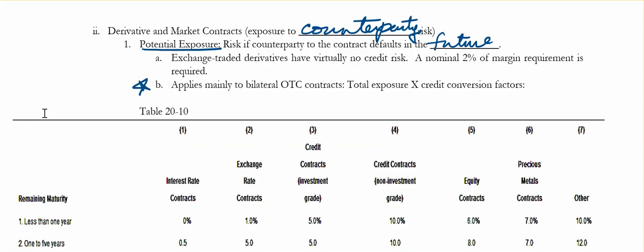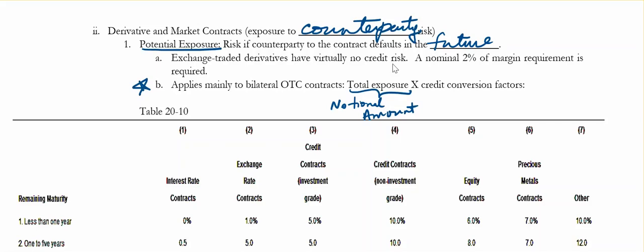Now, the way you would calculate this counterparty risk from a bilateral agreement is you multiply the total exposure, and this is basically the notional amount. So remember, the notional amount is what's reported in the off-balance sheet activities schedule, times a conversion factor.